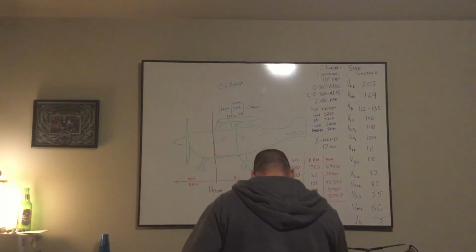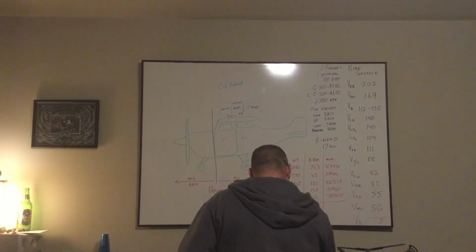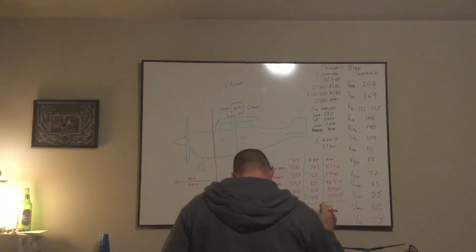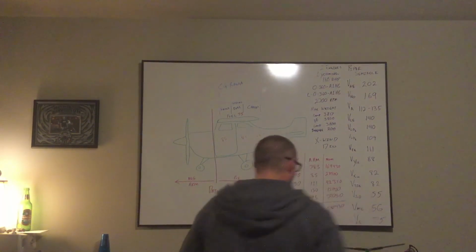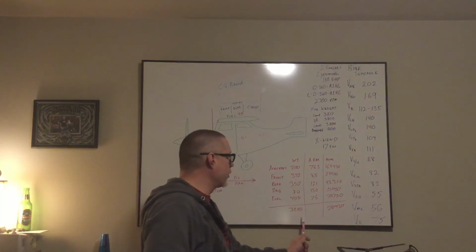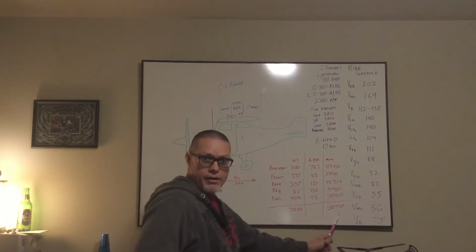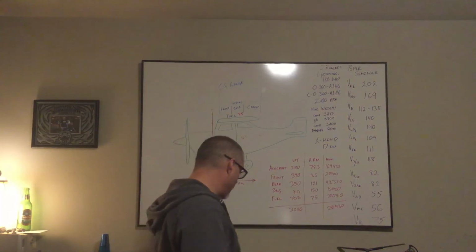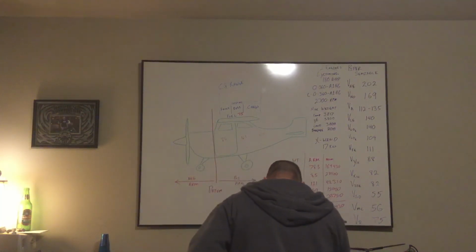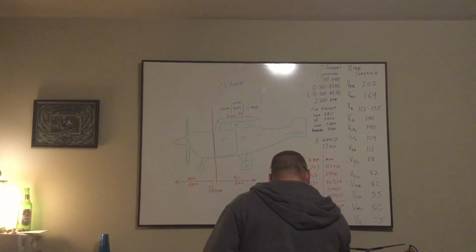And once we get those totals, we get 3,320 and then 281,430. Once we get these two total numbers, we will divide our moment by our total weight to get our new arm. So our new arm would be 84.8.